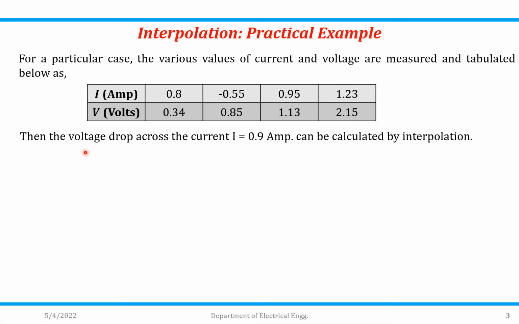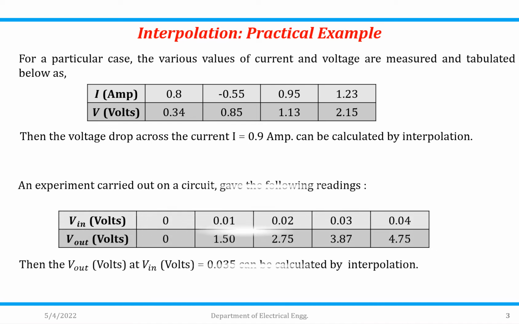Suppose I want to calculate the voltage drop across the current I equal to 0.9 ampere. Instead of connecting all the instruments and performing the same experiment again, you can calculate the voltage drop at 0.9 ampere by using the interpolation technique.